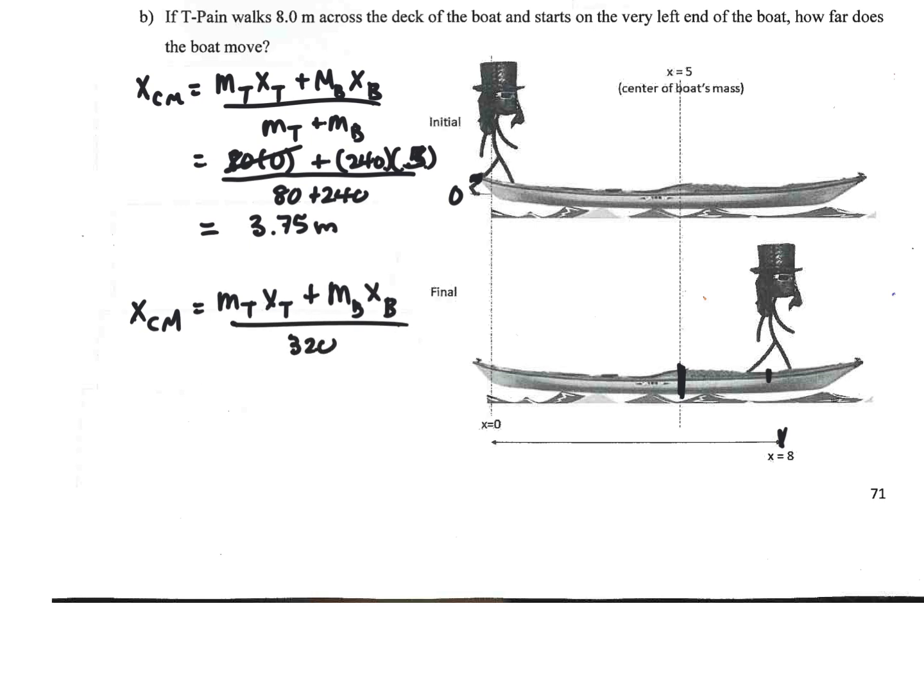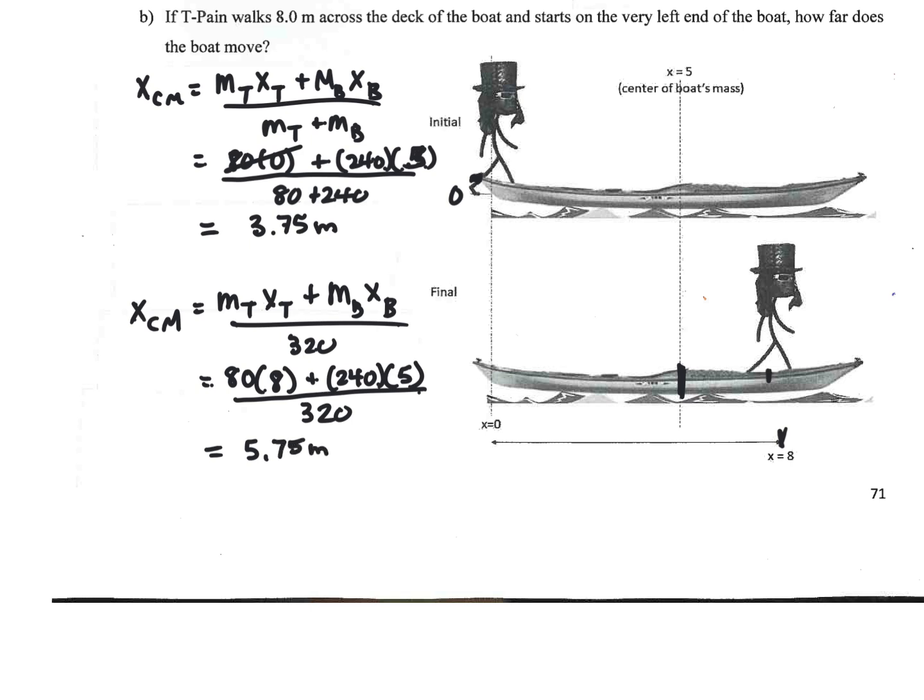So T-Pain's mass is still 80, but now his location is at 8. The mass of the boat is 240. Its center is still at 5. Divided by 320, what do we get? We get 5.75 meters. And this is from the left end of the boat.